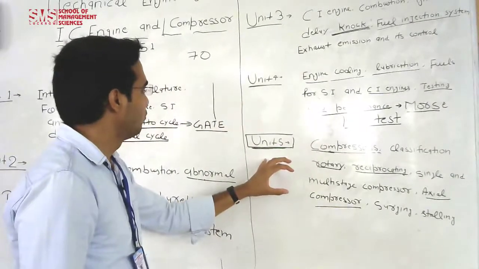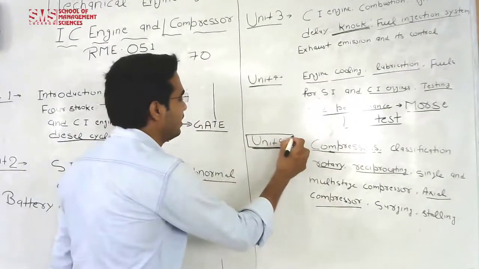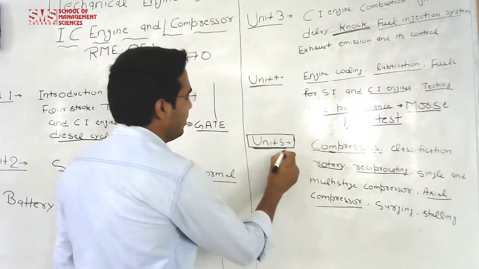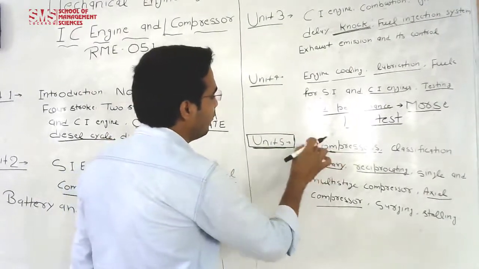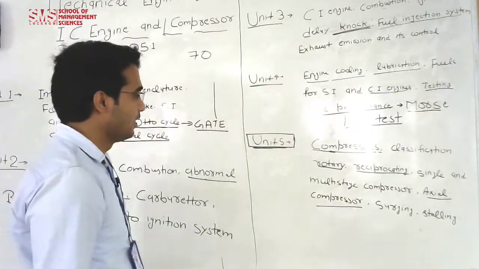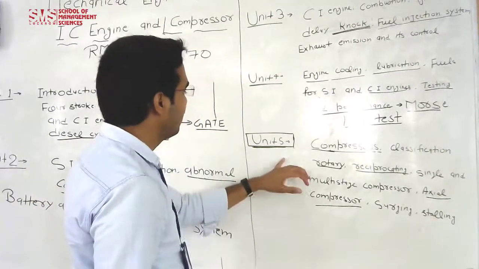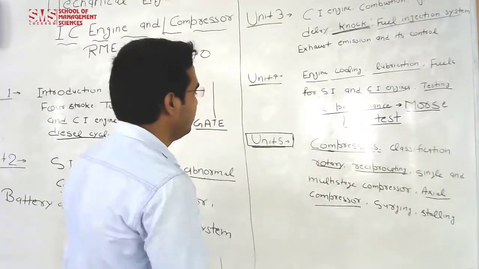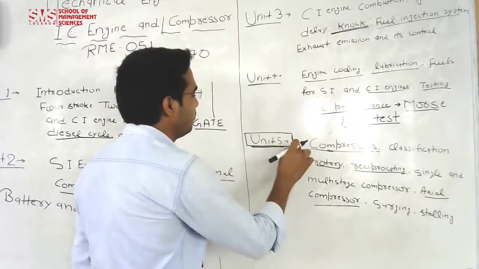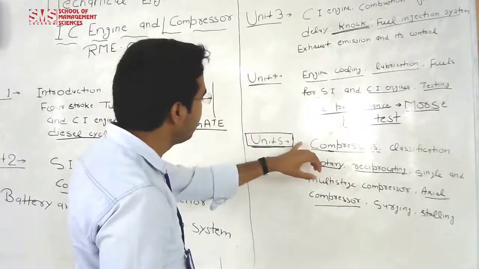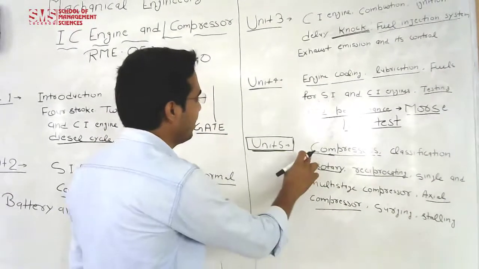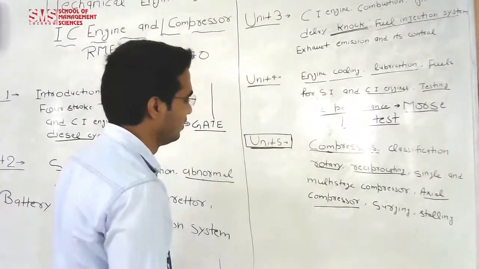So don't skip this unit. This is very important for your university examination and also for your competitive examination. You will get a minimum of 3 to 5 questions in all the competitive exams from this unit.